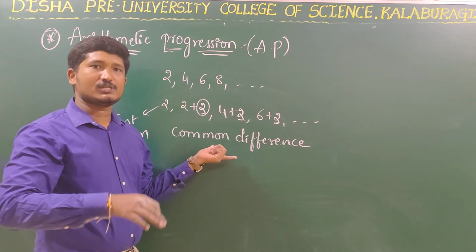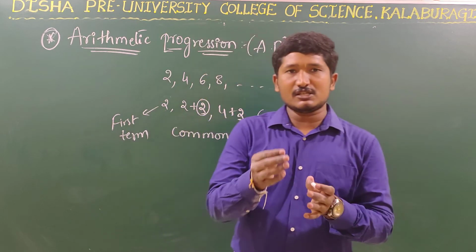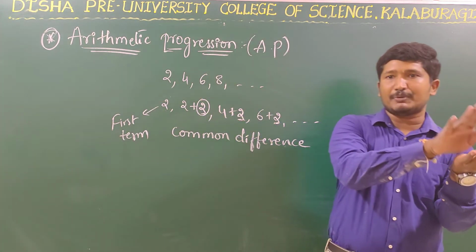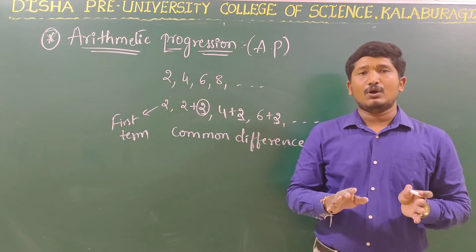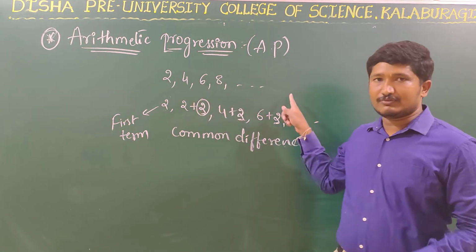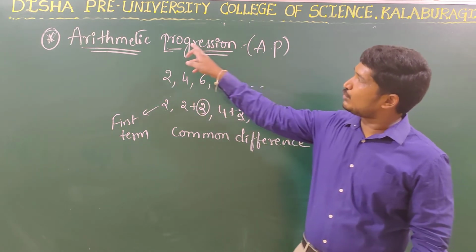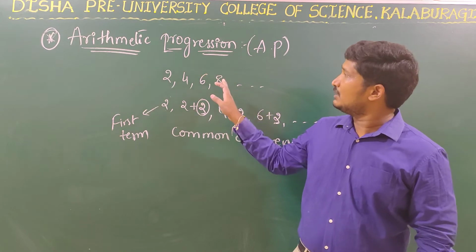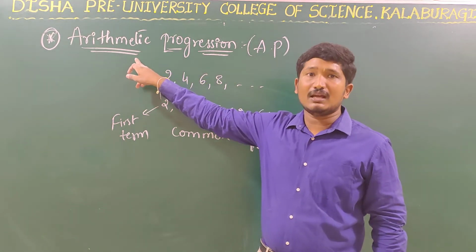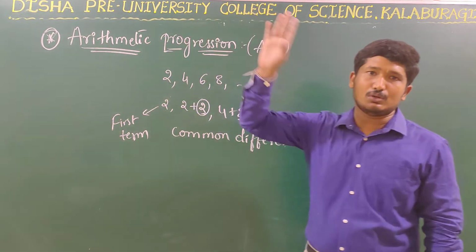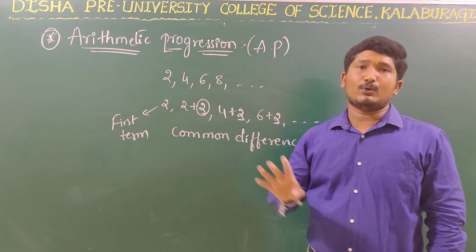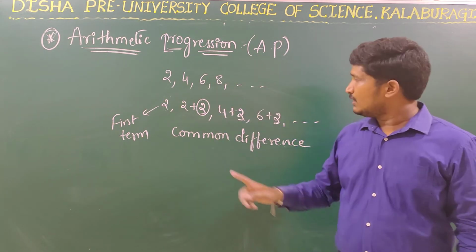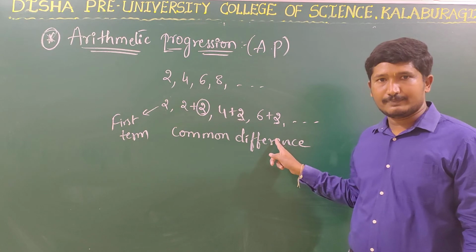You can also say that if the difference between a term and its preceding term is the same or common for every term of the sequence, then that sequence is called an arithmetic sequence, or you can also call it arithmetic progression, right? So this is one example for that.